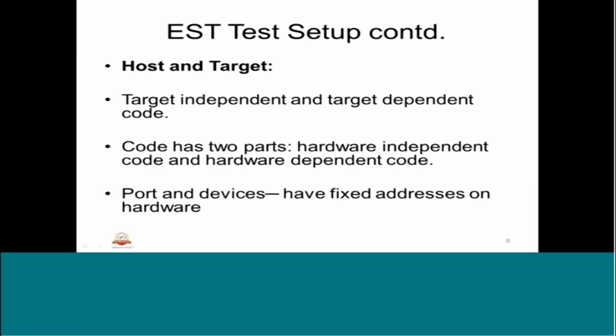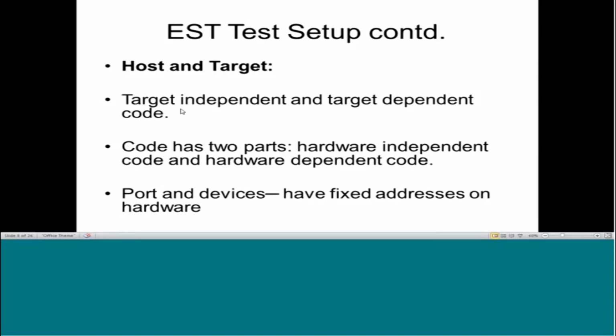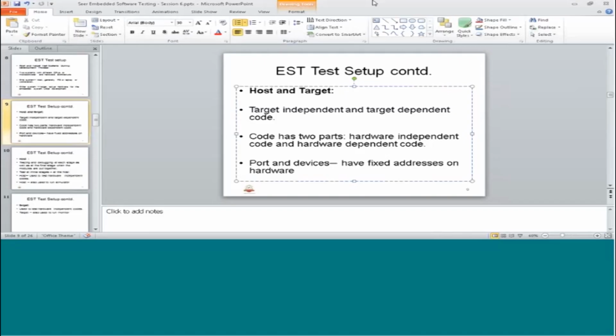So, continuation of that: host and target independent and target dependent code. What it means is there are a few pieces of code that are hardware related, for example microcontroller related or registers which we may use.